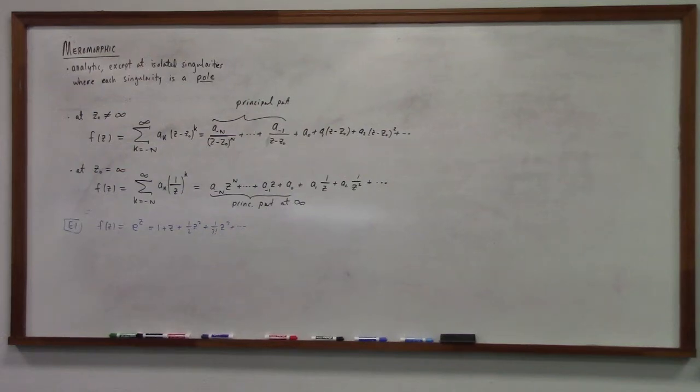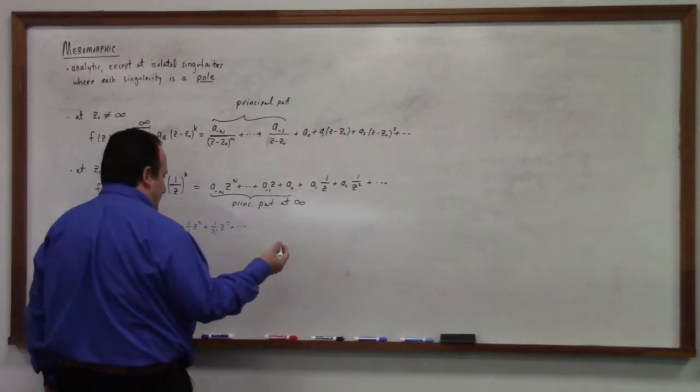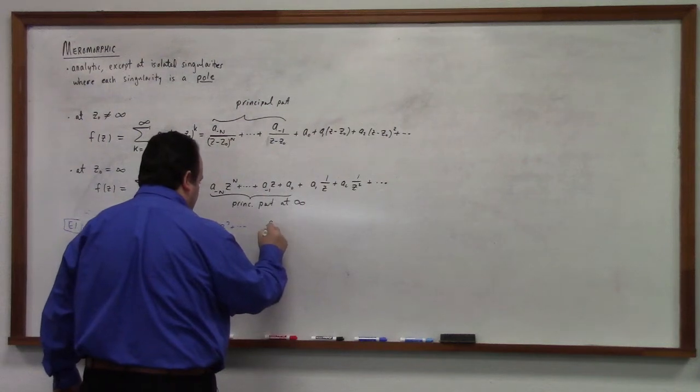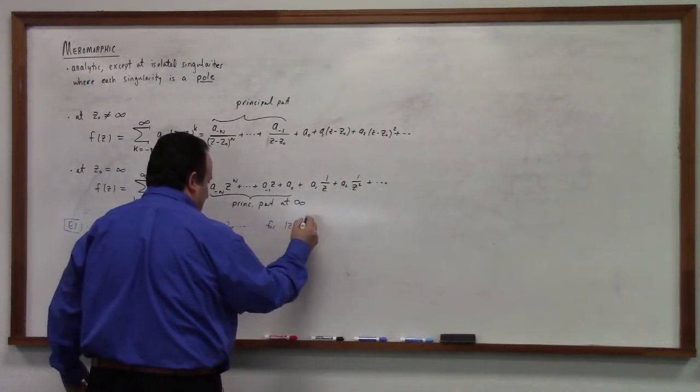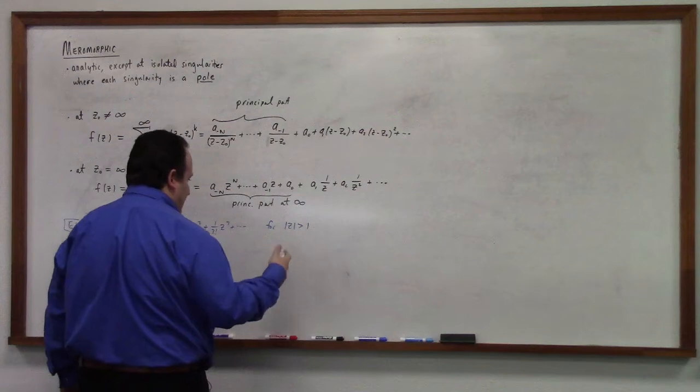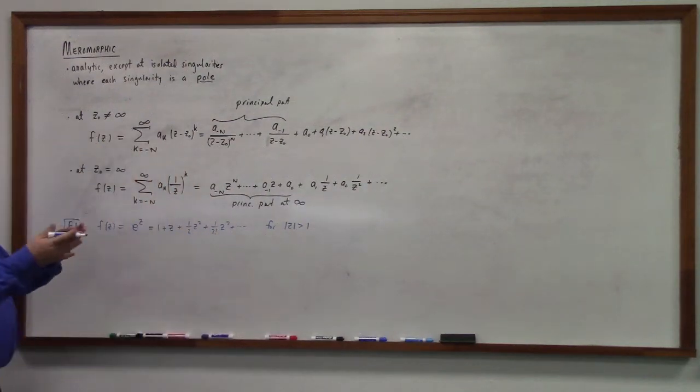positive powers of z. If we look at an exterior annulus, this is true for z in the complex plane, but certainly for modulus of z greater than 1, just for the sake of discussion. So that would be a neighborhood of infinity, right? Neighborhoods of infinity are exterior to some circle.